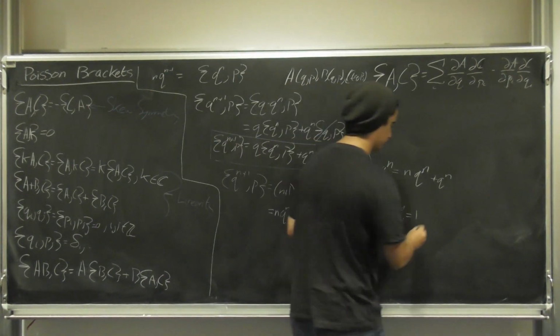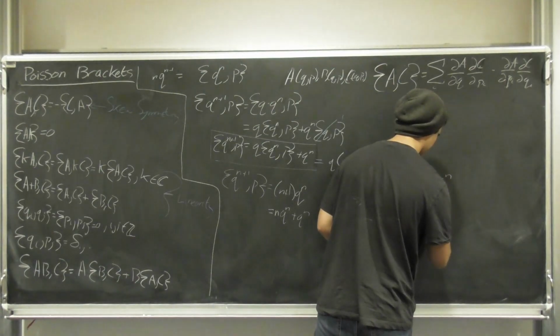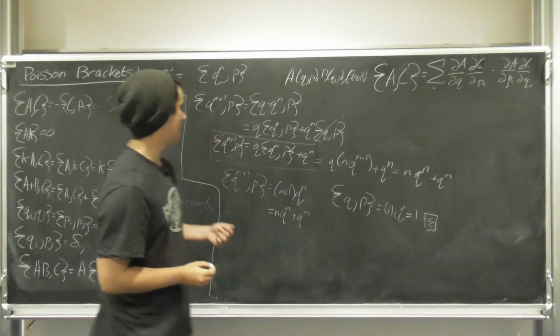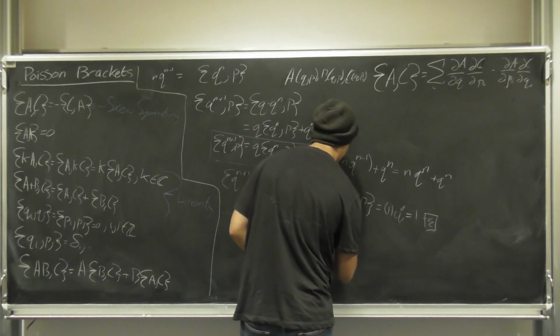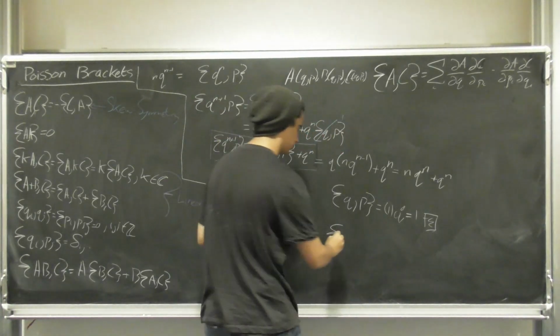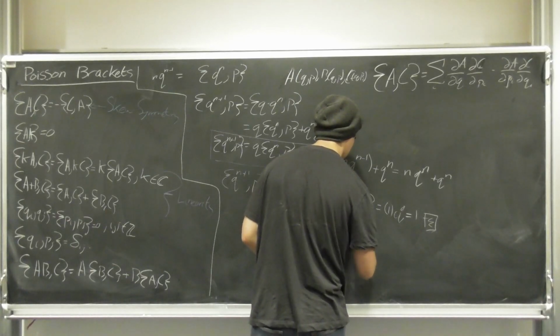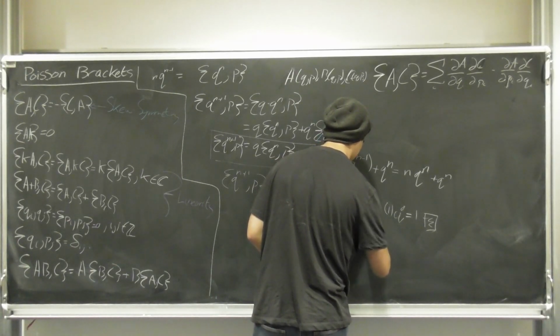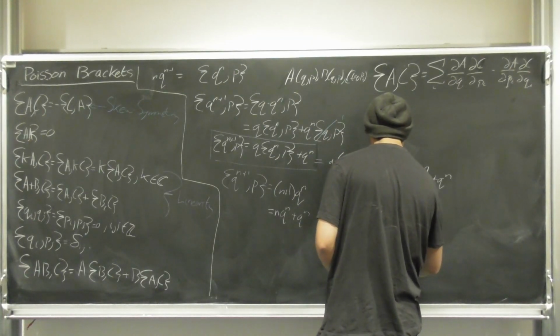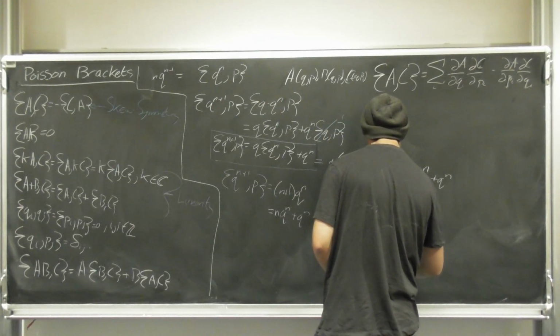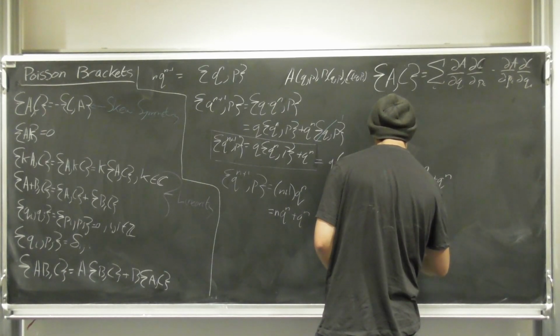And so we've proven by induction that the Poisson bracket of q to the n and p is equal to the derivative with respect to q of q to the n.